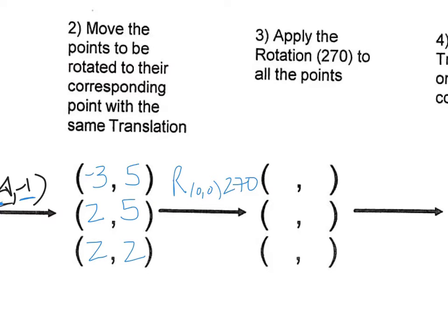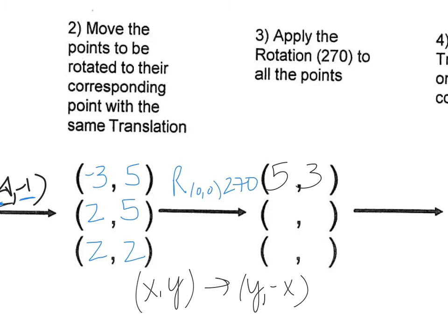Now, some of you might remember that technically the rule for that is x comma y becomes y comma negative x. So these coordinates are going to be 5, 3, 5, negative 2, and 2, negative 2. Again, applying that same rule for a rotation of 270.